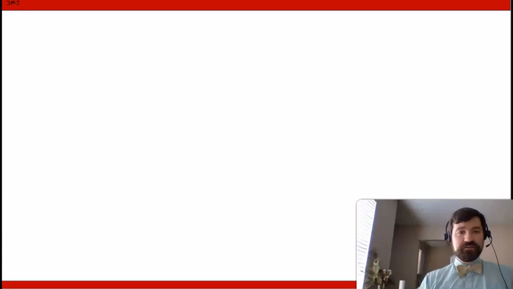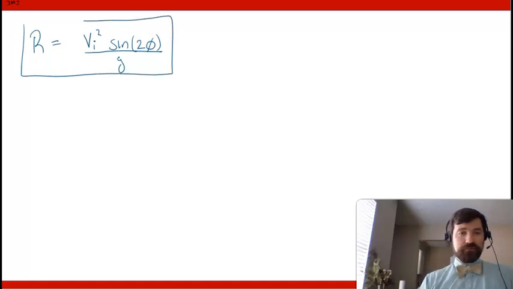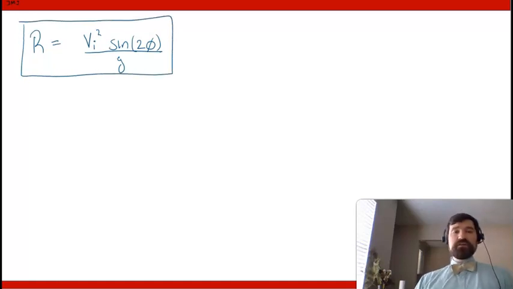Again, the range equation says that R is v initial squared sine of 2 times the initial angle at which the thing was projected, divided by the free fall acceleration. This predicts how far an object will travel horizontally before it re-impacts on the ground. And that's what this equation does.